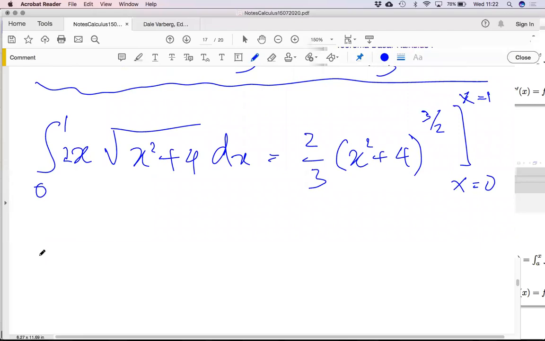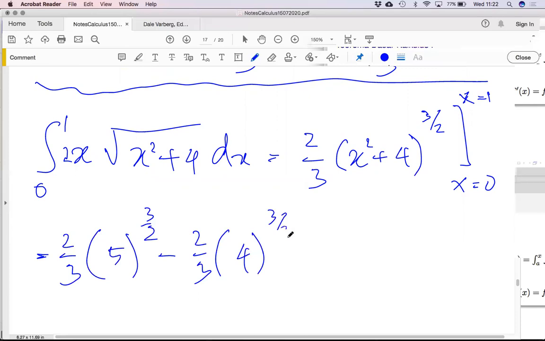And we have here 2 over 3 times 5 to the power 3 over 2 minus 4 to the power 3 over 2. So that is our final result.